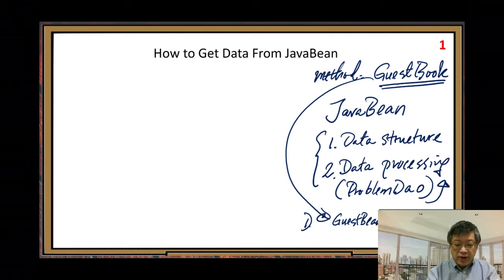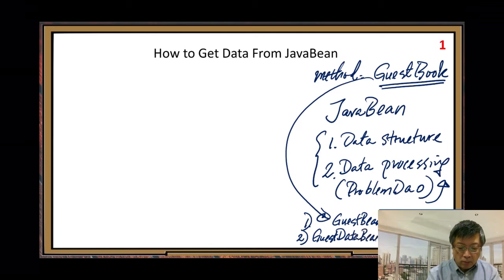That's the data structure, data storage, type 1 JavaBean. The second one, type 2, is called guestDataBean.